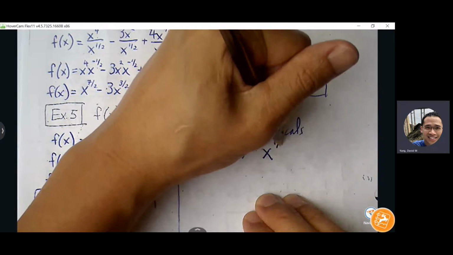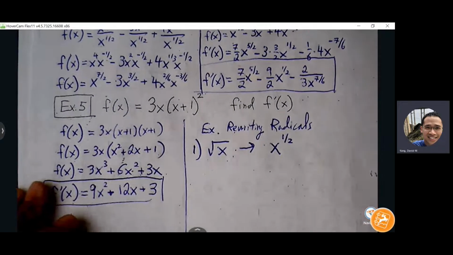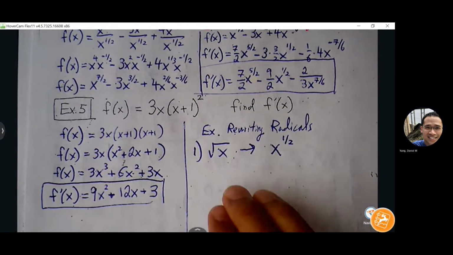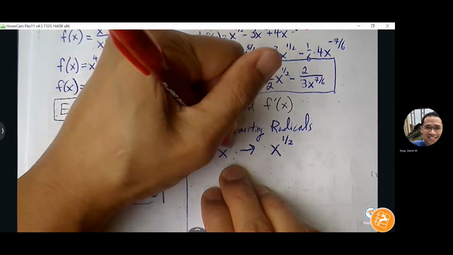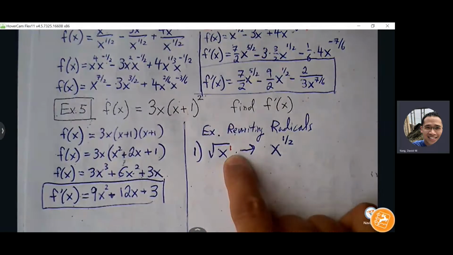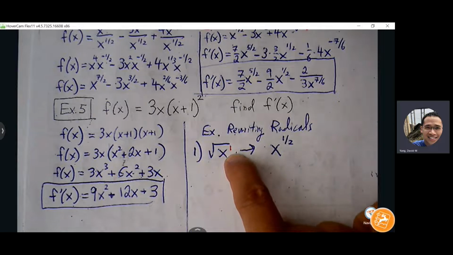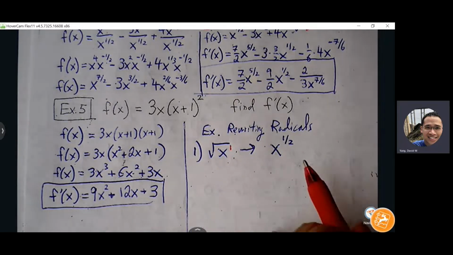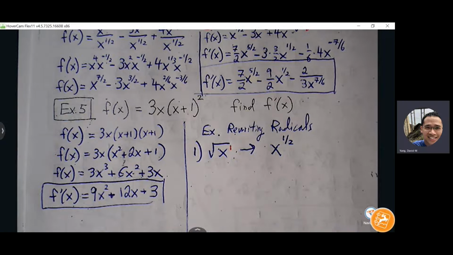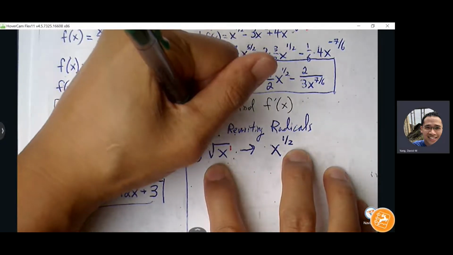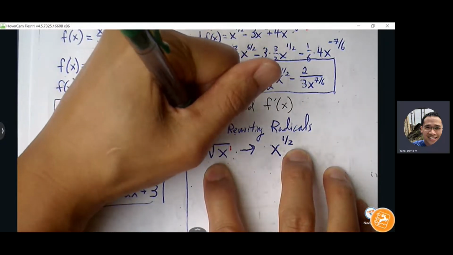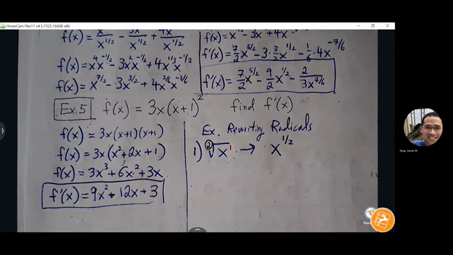Okay, let's explore that a little bit. Where's that 1 coming from and where's that 2 coming from? The x has a 1 on it. The exponent, the number to the right, is a 1. If it's hidden, then you know it's 1, and that's going to go in the numerator. And then the 2 is for the square root. That's the hidden number here, right? So that's why it's 1/2.